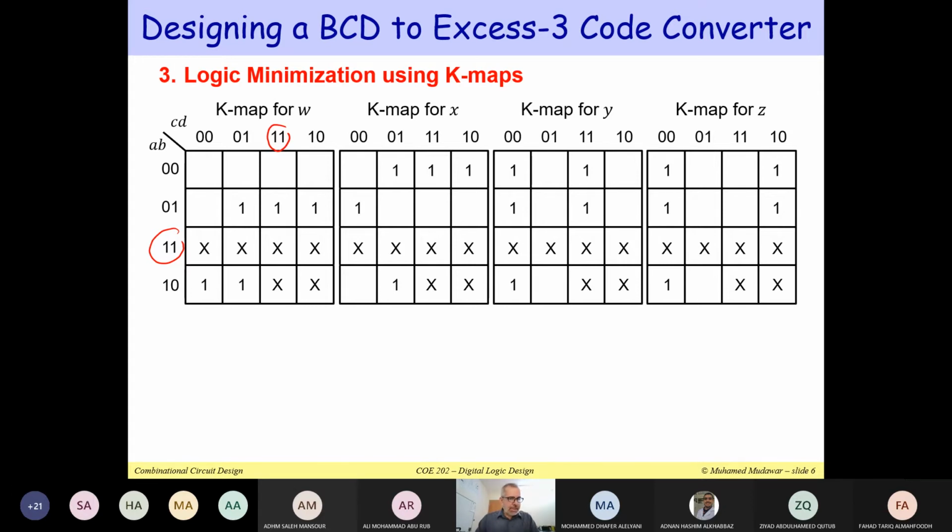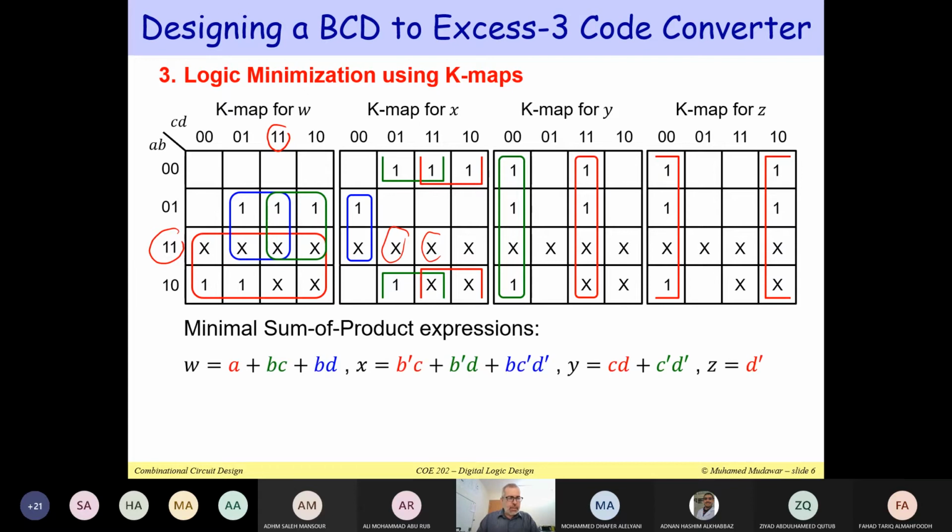Now let us do the minimization. We can minimize W, X, Y, and Z. Notice that some don't cares are combined with ones to maximize the size of the block. Some of them are uncovered. For example, many don't cares here are not covered. That's fine. You can just keep them as zeros. You don't really have to combine them with ones. Now write the equations.